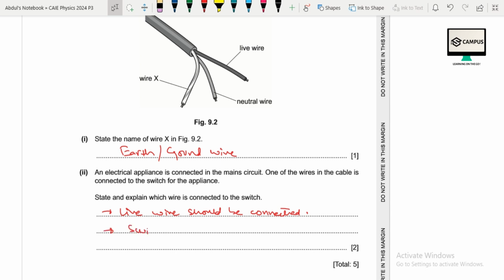Because switching on and off should connect or disconnect the appliance with the main circuit.